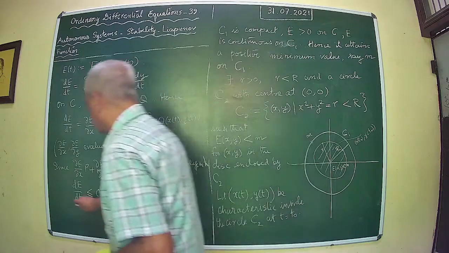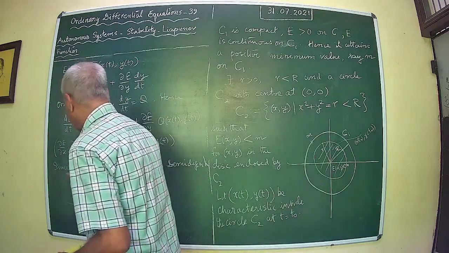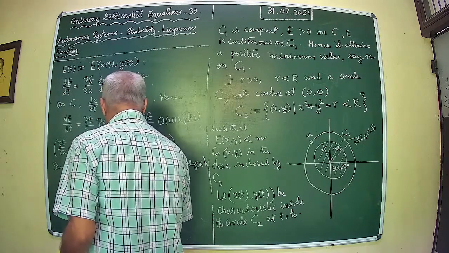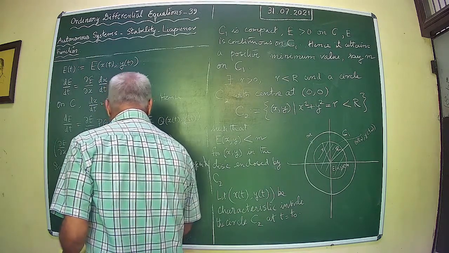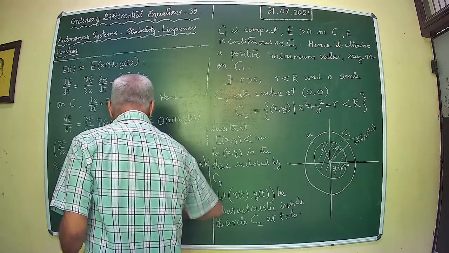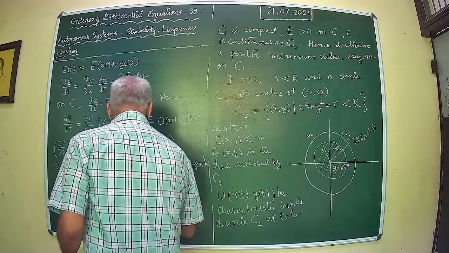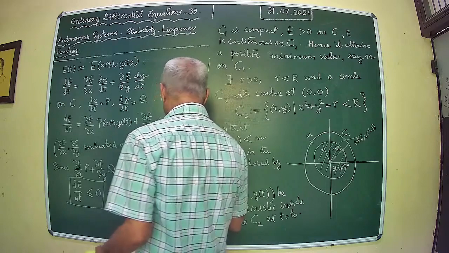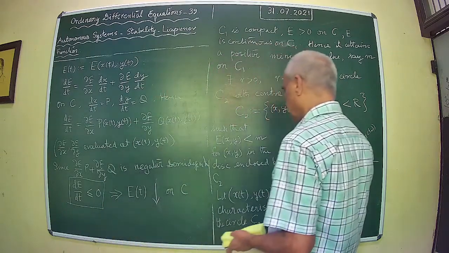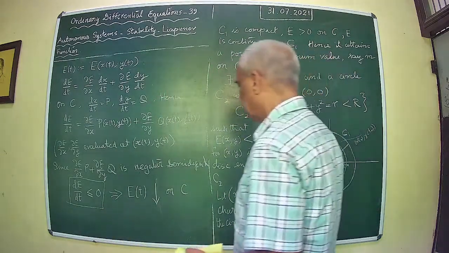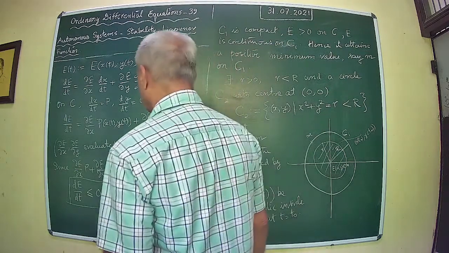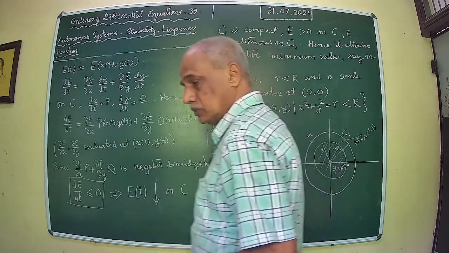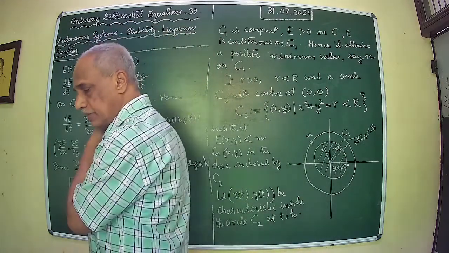Now this is the crucial thing. So this means E is monotonically decreasing on C. That is on the characteristic C. Okay. So this is what you have. So what do you have?